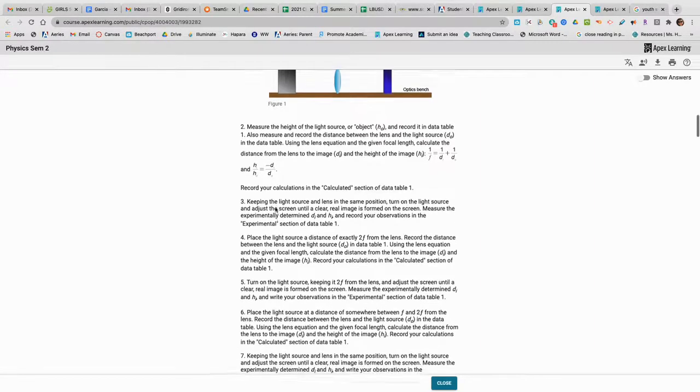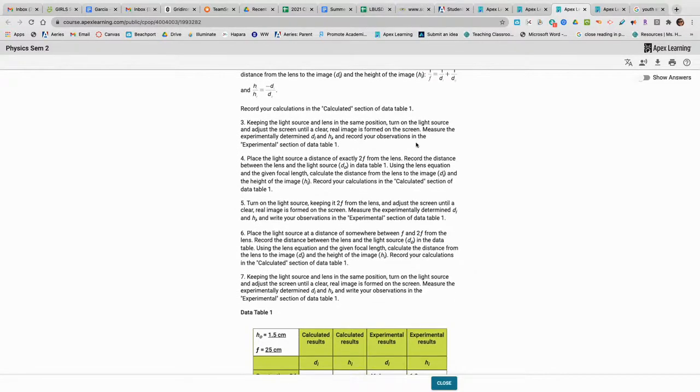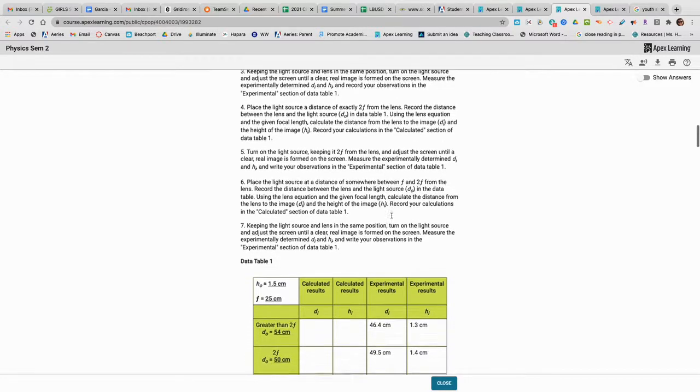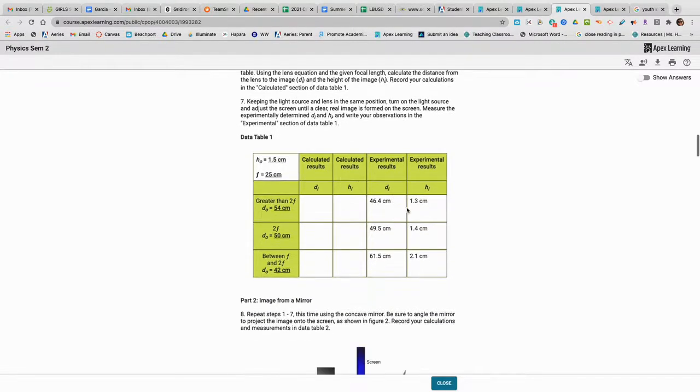That's just a simple proportion. This goes through the procedures: where do you place the object and what do you get in terms of distances and heights? The experimental results are given to you here. Your job is to complete this table by doing some calculations.